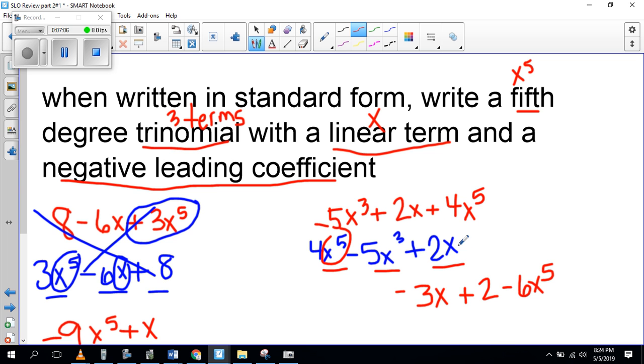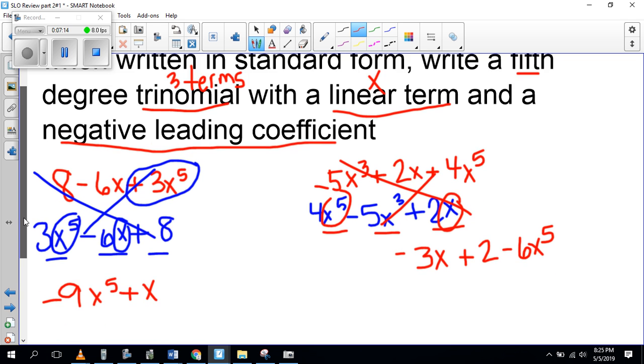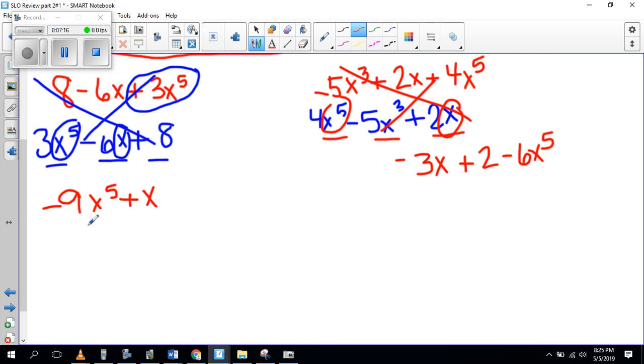I have 2x as my linear term, but no negative leading coefficient. So that one doesn't qualify. Let's look at this one. I have x to the 5th. 1, 2. I only have 2 terms. So this one doesn't qualify.